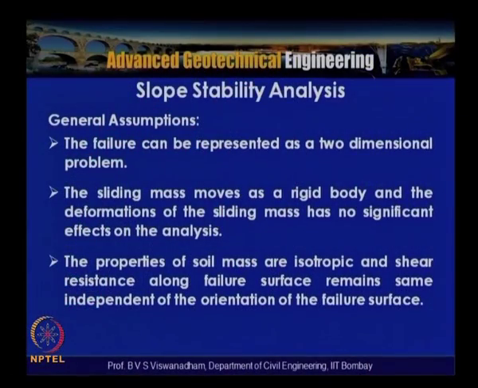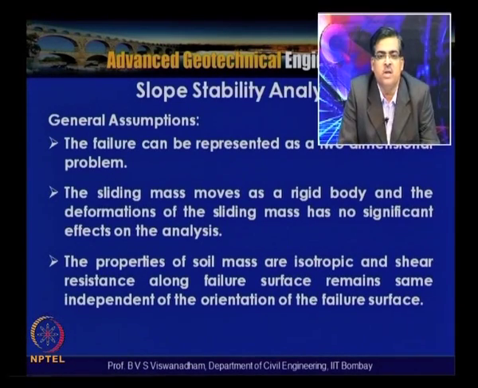The failure can be represented as a two-dimensional problem, because a slope or an embankment, like a railway embankment, which extends over long lengths, can be treated as a plane strain structure. Hence two-dimensional analysis is relevant, but in certain cases three-dimensional stability methods are also available.